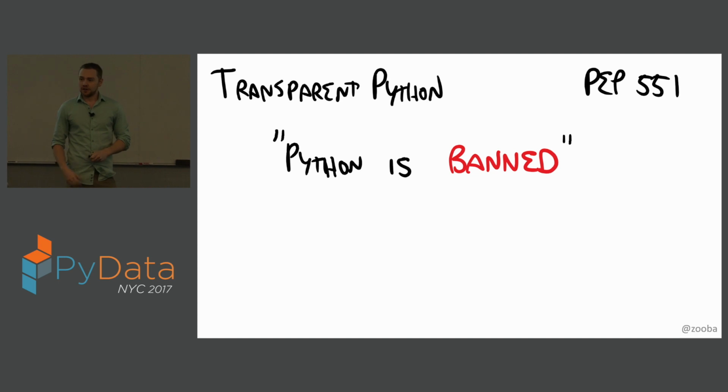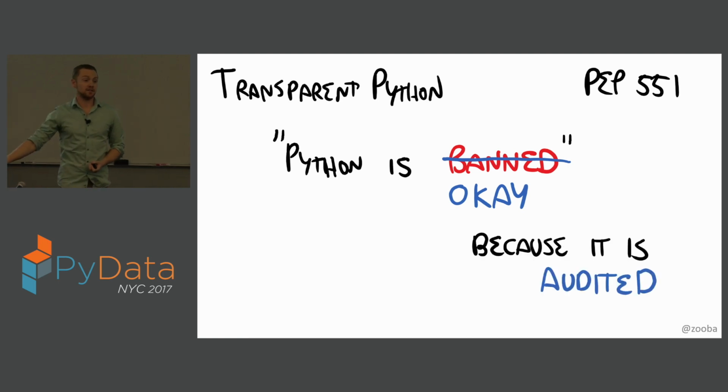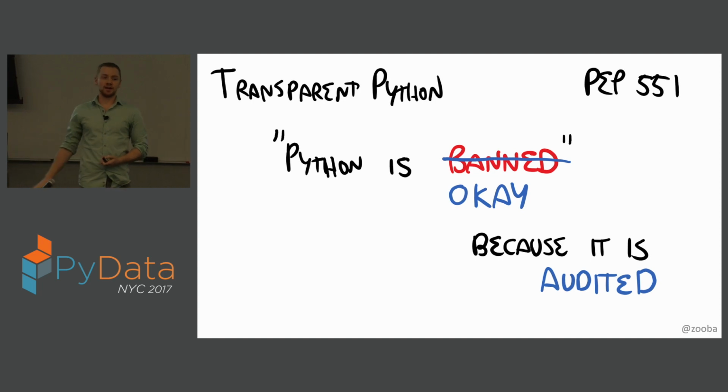So PEP 551 is a proposal to introduce features into Python that will help it be more security transparent. The aim is to take this statement that people have said, Python is banned on this network, and change it so that they can say Python is okay because it's audited. Because we know what Python is doing, we can tell the difference between when it's doing good and when it's doing bad.